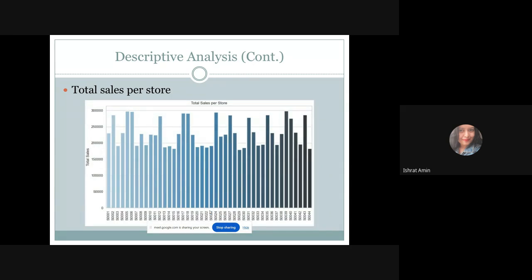Here is a graphical representation of the average sales per store, and here is the total sales per store. We can see some stores are really outperforming others, but some stores are not doing quite well and are performing very average.